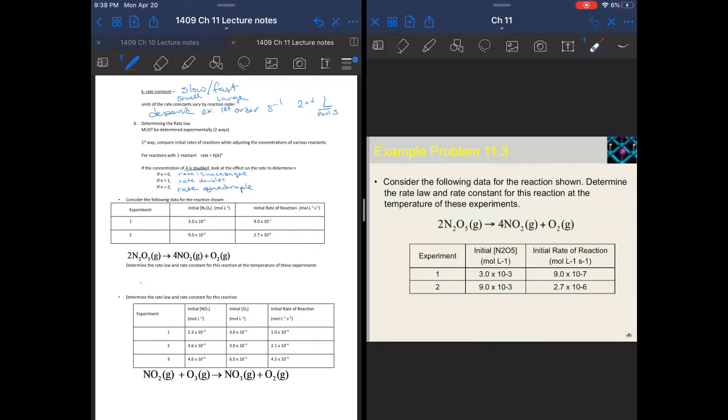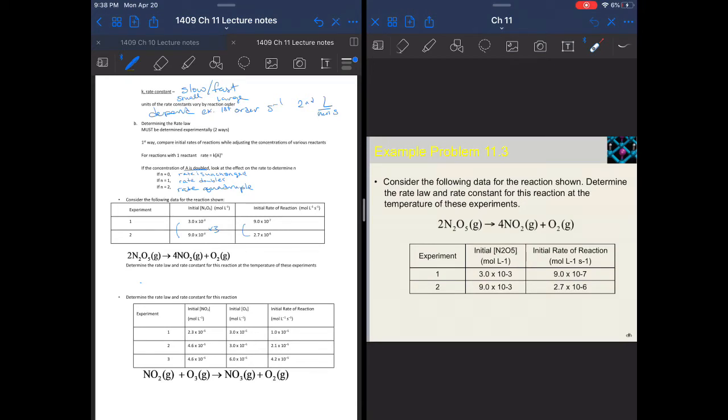You have to have at least 2, so that we can show when we change the concentration, how is that initial rate affected? And from this experimental data, we see that we tripled the concentration as we went from experiment 1 to experiment 2. And how did that affect the rate?